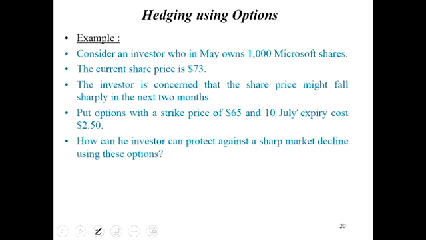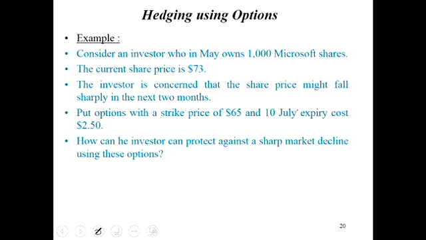They own 1,000 Microsoft shares. Current price is $73. And what they're concerned about is that the price of Microsoft shares could go down, it might fall substantially, and they're thinking about whether they should go ahead and perhaps hedge this risk that they think is out there.